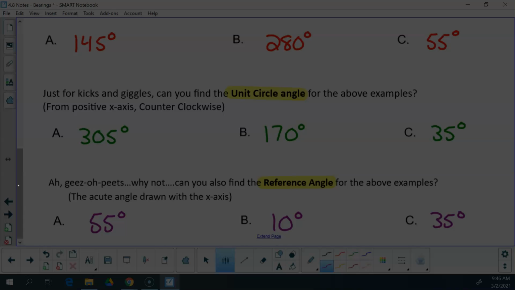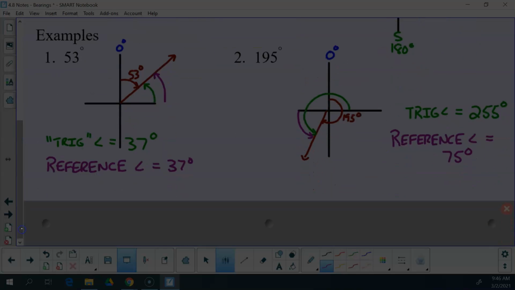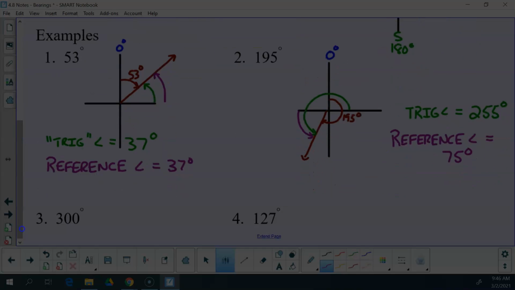Okay? So what I would like you to do now is jump back to page number 1. And I would like you to now draw those 2 bearings, or headings, I should say.